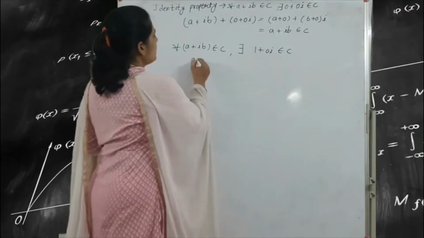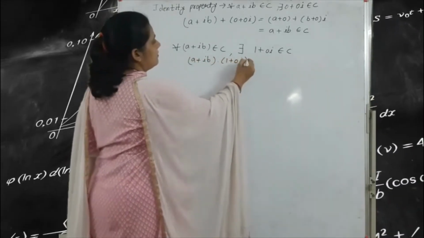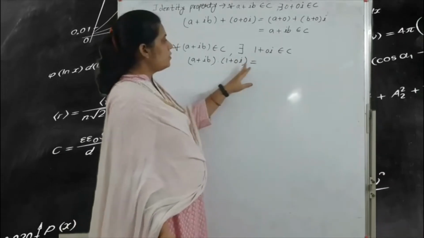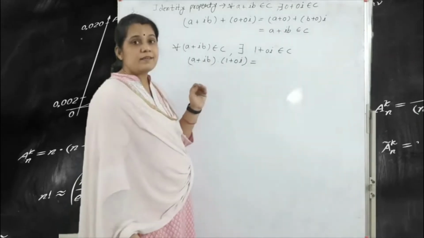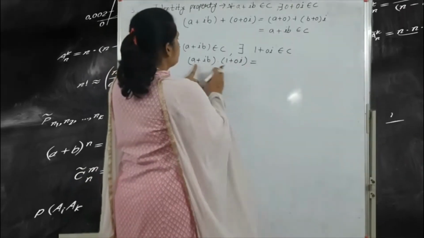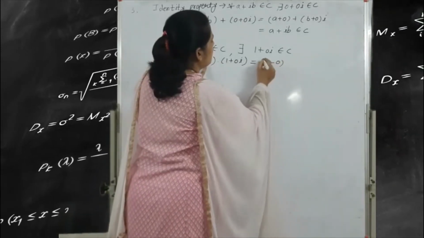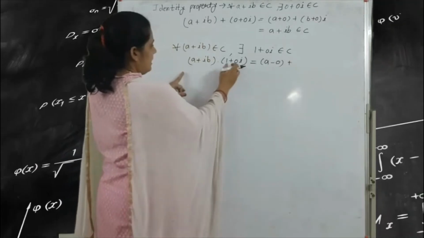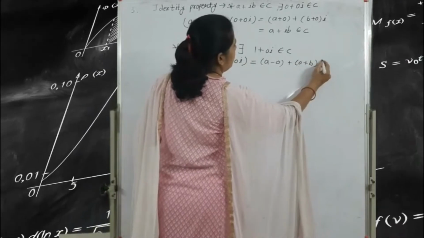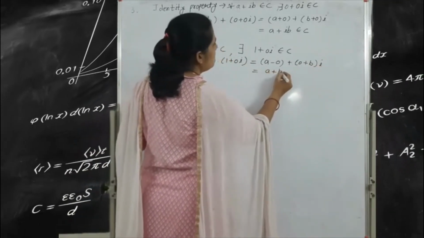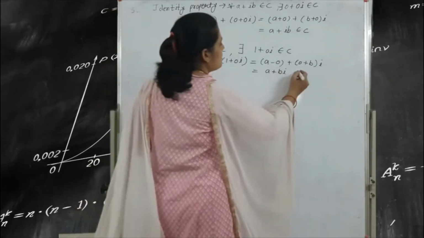So (a + ib) · (1 + 0i) is equal to, we get again a + ib. So we multiply: a·1 minus b·0, plus a·0 and b·1 i. That is a + ib, which also belongs to C.